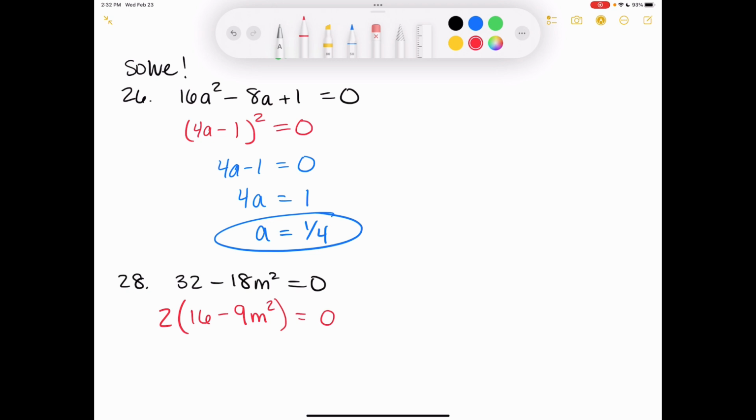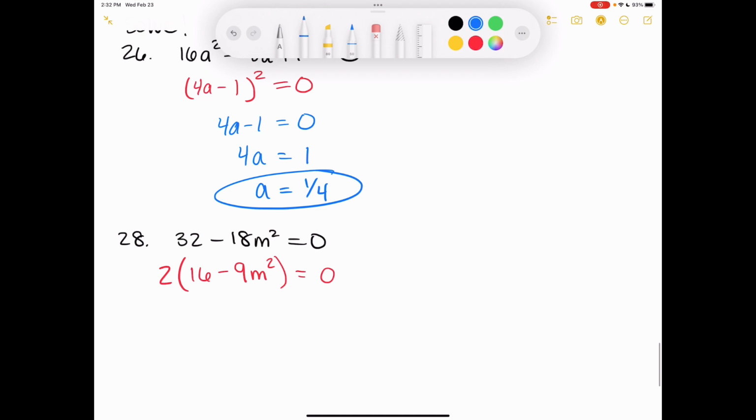The fun part about this being equal to 0 is that this can be rewritten as 16 minus 9m squared equal to 0, because 0 divided by 2 is just 0, so that 2 is gone. So now, what special type do I have here? Difference of squares or perfect square trinomial? Difference of squares.